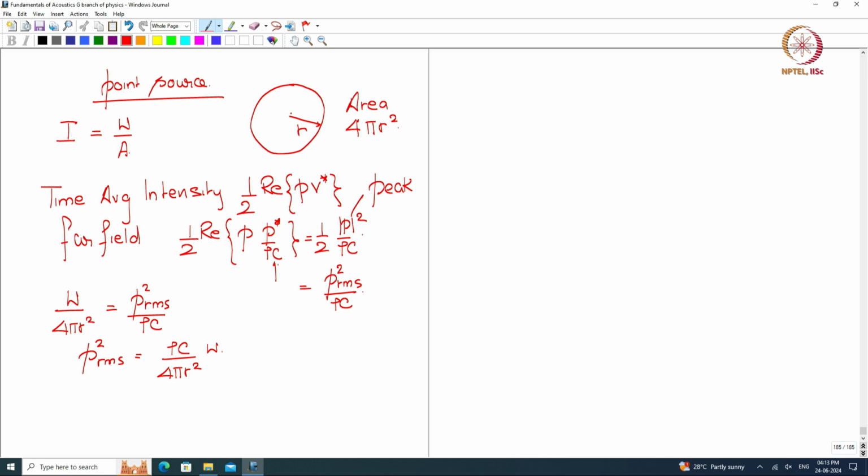Now P reference is 20 micropascals, and P square reference is 400 into 10 to the power minus 12 Pascal squared, or 4 into 10 to the power minus 10.